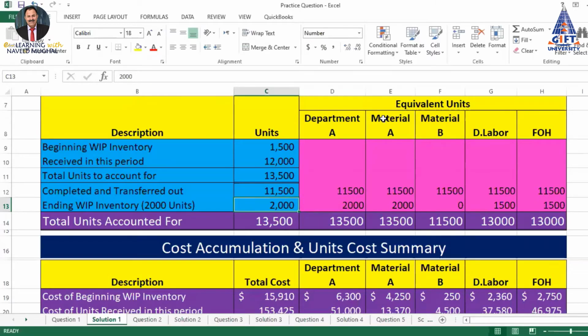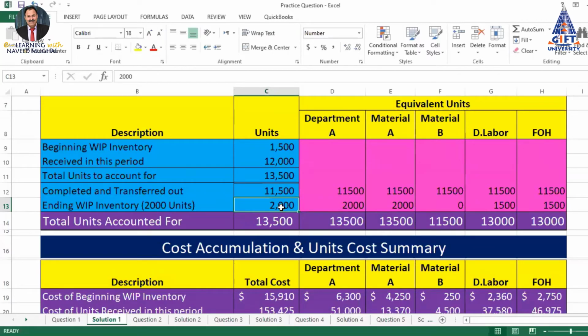So 2000 for material A, which is added at start. What does it mean? It means 2000 units have already used that material. So that's why 2000 multiplied by 100%, that is 2000. And material B would be added at the end of the process. But these 2000 units are 3/4 completed as given in my question.